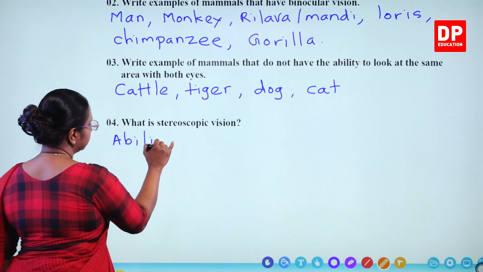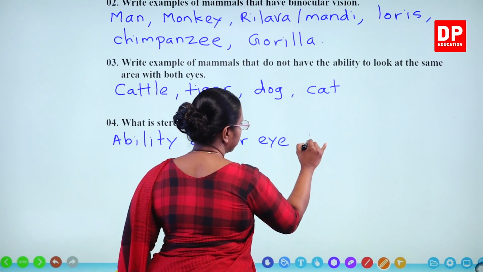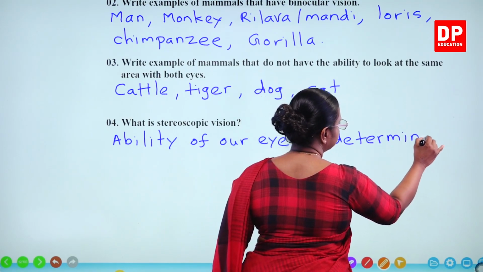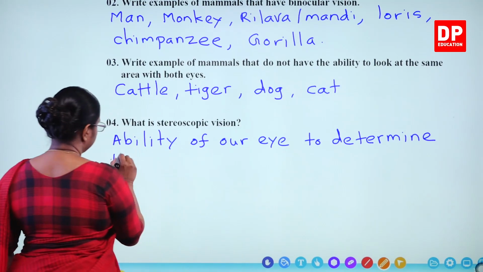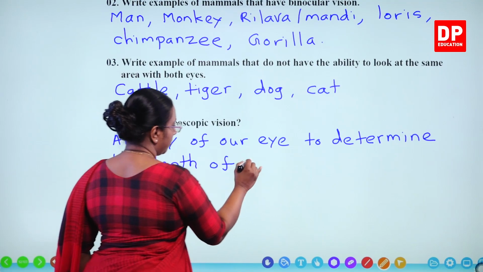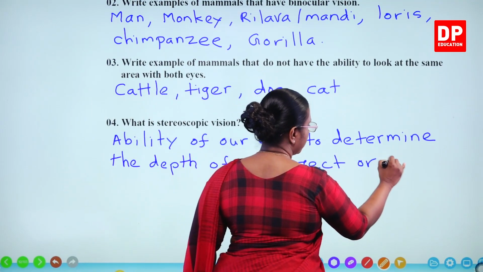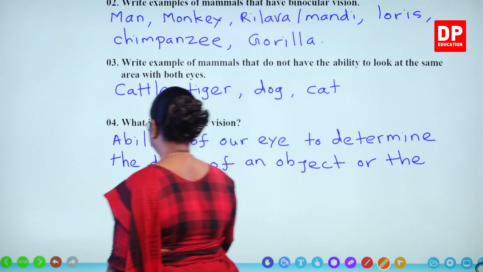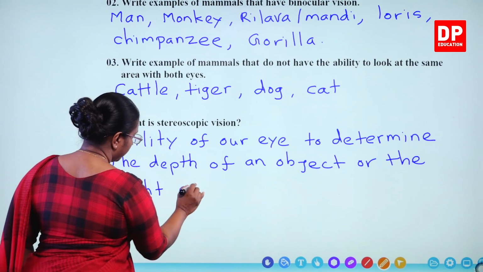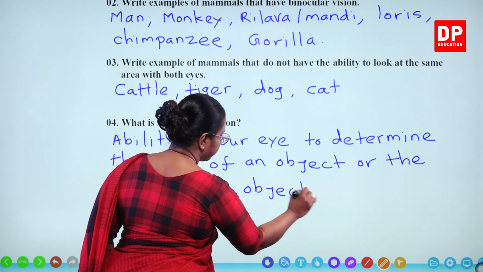Ability of our eye to determine the depth of an object or the height of an object.